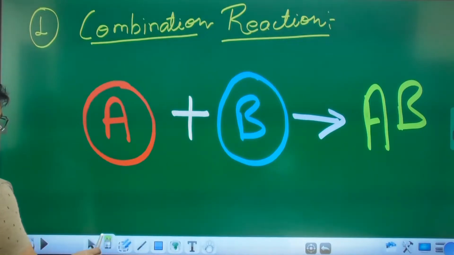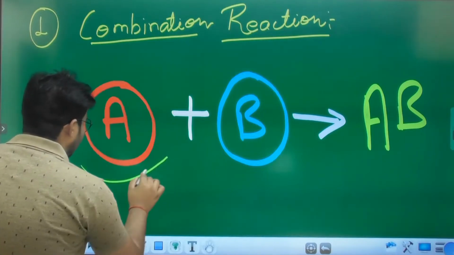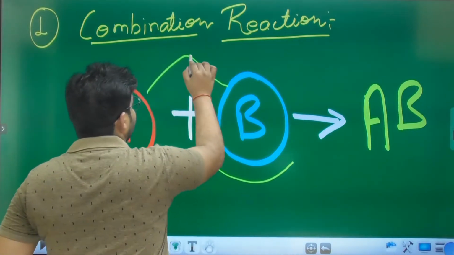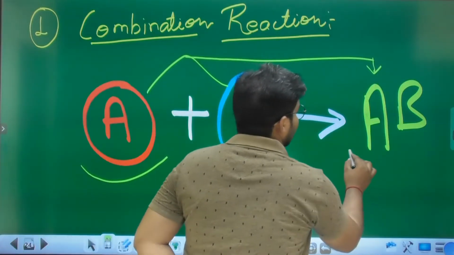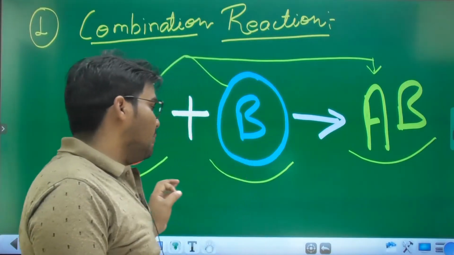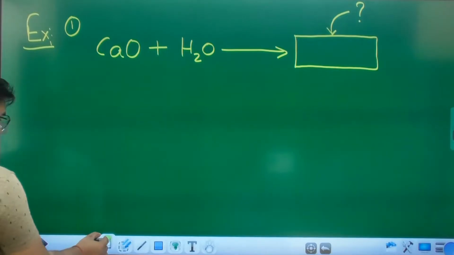So this one is the A compound and this one is the B compound, and they mix and form a new compound. So this type of reaction is called the combination reaction. Clear? Let us move to the examples.